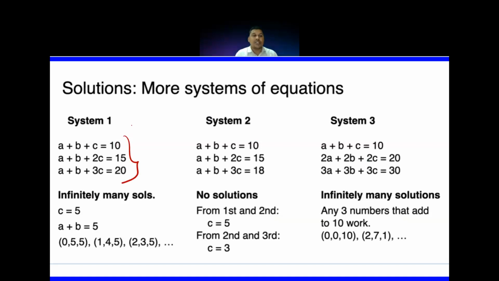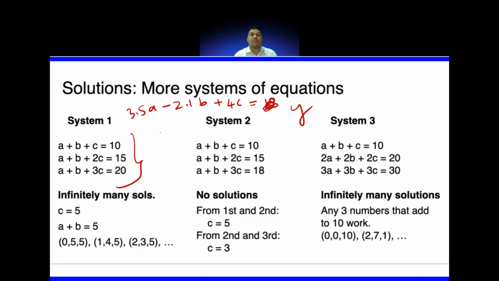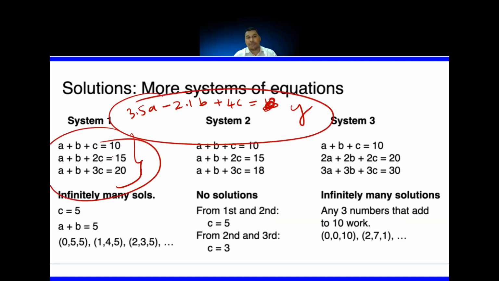See, these three statements, if I solve, maybe this does not suit well, these are not accurate ones, but if I say these three equations, if I can solve and form something like this, 3.5a minus 2.1b plus 4c equal to 13, or equal to y, I will say y. So this equation represents these three equations. Okay, this is a generalized one.